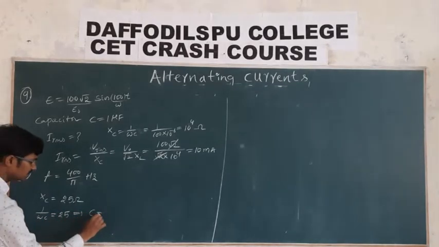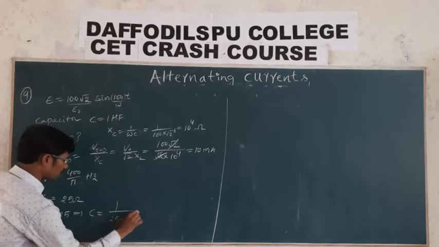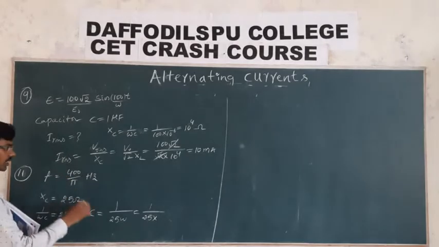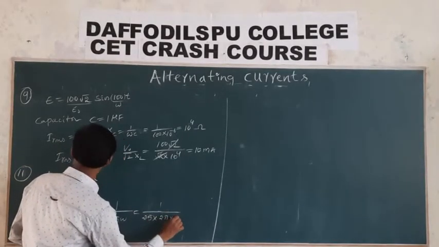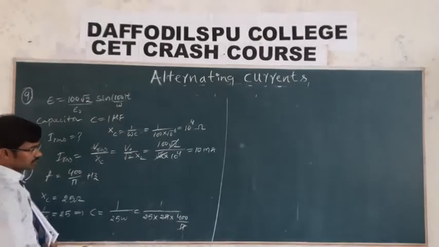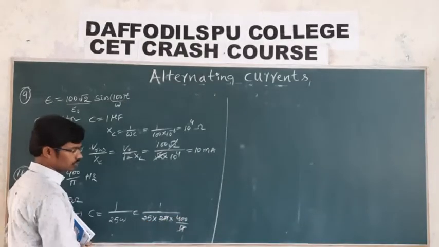But we need C, so C is equal to 1 by 25 into omega. So 1 by 25 into omega is nothing but 2 pi into f. f is nothing but 400 by pi. Here pi cancels, and here 50, 50 into 400.